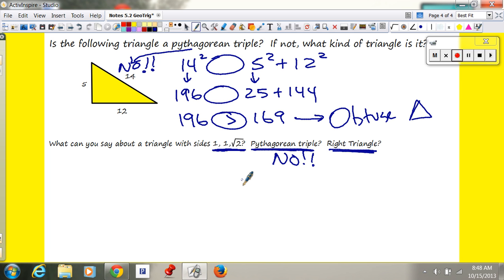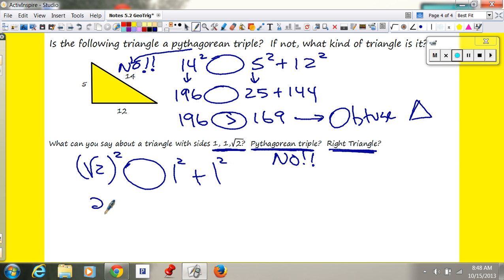Now, it could be a right triangle. Which one is going to be my c? Radical 2 is about 1.4, so that's bigger than the 1. So radical 2 squared, we're going to see if that equals 1 squared plus 1 squared. What is radical 2 times radical 2? The 2 comes out. Anytime you multiply the same radical, that number comes out.